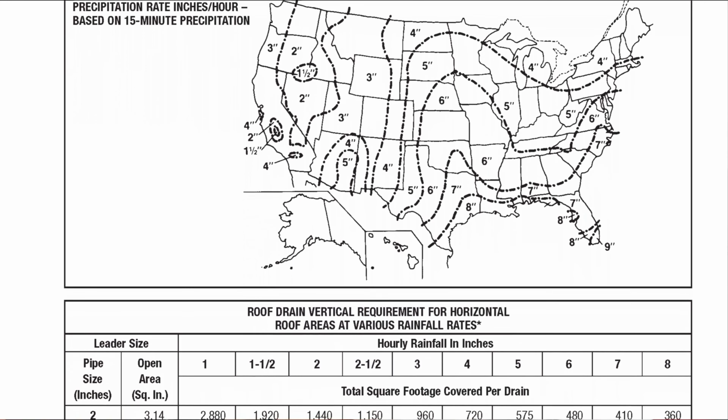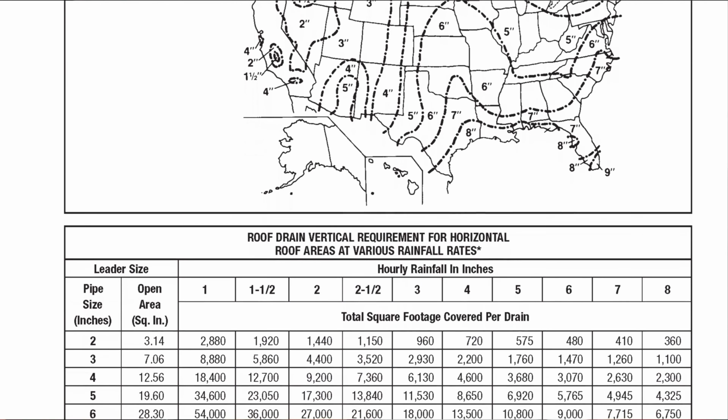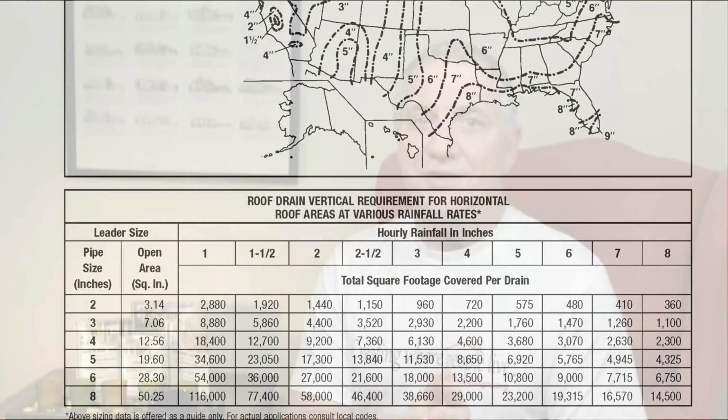Third, cross-reference the required hourly rainfall rate with the hourly rainfall matrix that shows 6 different leader or pipe diameters. And lastly, you divide the roof area by the figure that you find in step 3 to determine the size and number of drains, scuppers, or downspouts.